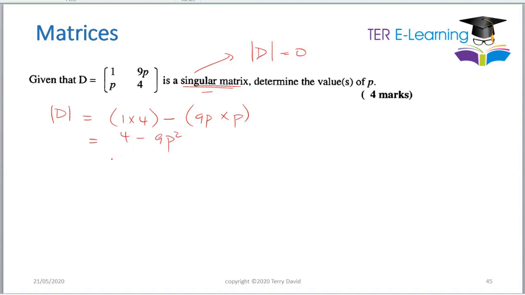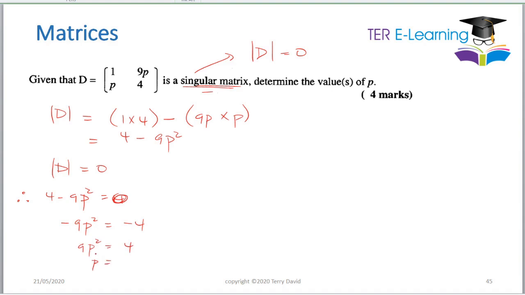But we know that this answer has to be equal to 0. So the determinant is equal to 0. Therefore, 4 minus 9p squared is equal to 0. So we could say minus 9p squared is equal to minus 4. We don't want to work with minus 4 here, so we could say 9p squared is equal to 4.